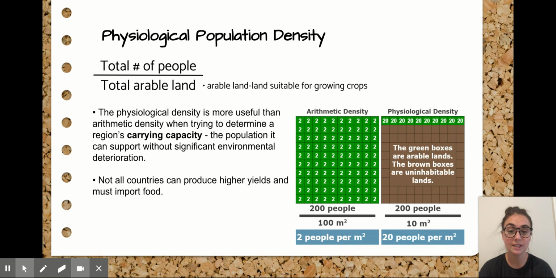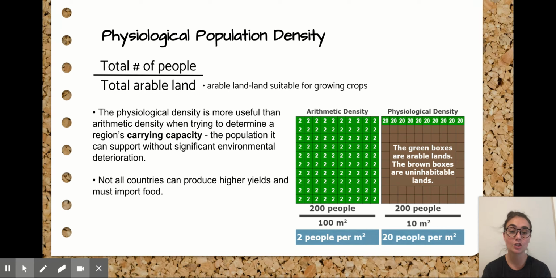The physiological density is more useful than arithmetic density when trying to determine a region's carrying capacity. And a carrying capacity is the population a region can support without significant environmental deterioration.